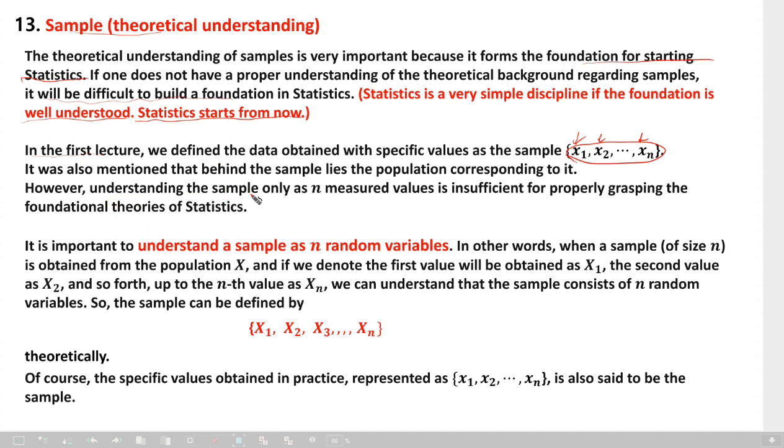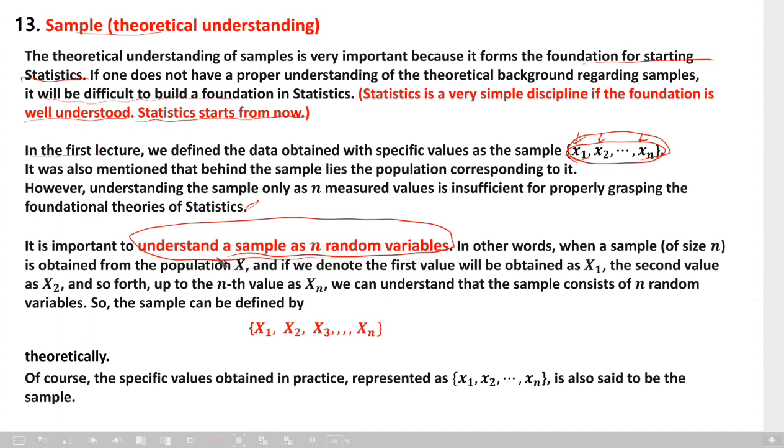However, understanding the sample only as n measured values like this is not sufficient for properly grasping the foundational theories of statistics. Unfortunately, many textbooks do not point out the following. It is important to understand a sample as n random variables. You have to understand this one, n random variables.